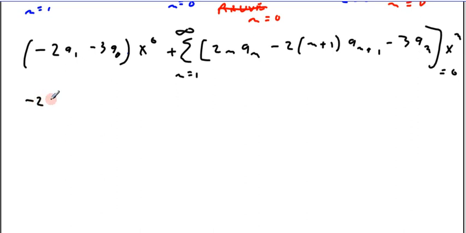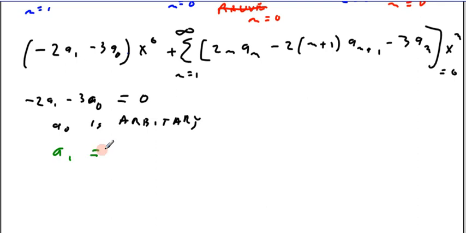So 2a1 minus 3a0 has to be 0. a0 is arbitrary, which means a1 is going to be, the minus sign goes over there, makes it positive, this minus sign makes it negative, minus 3a0 over 2. I have a recurrence formula that's coming from this.